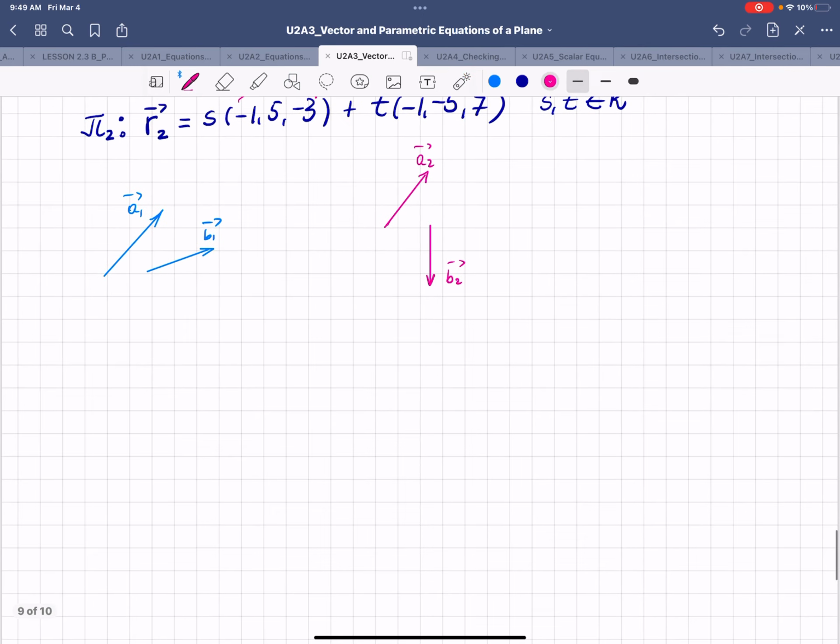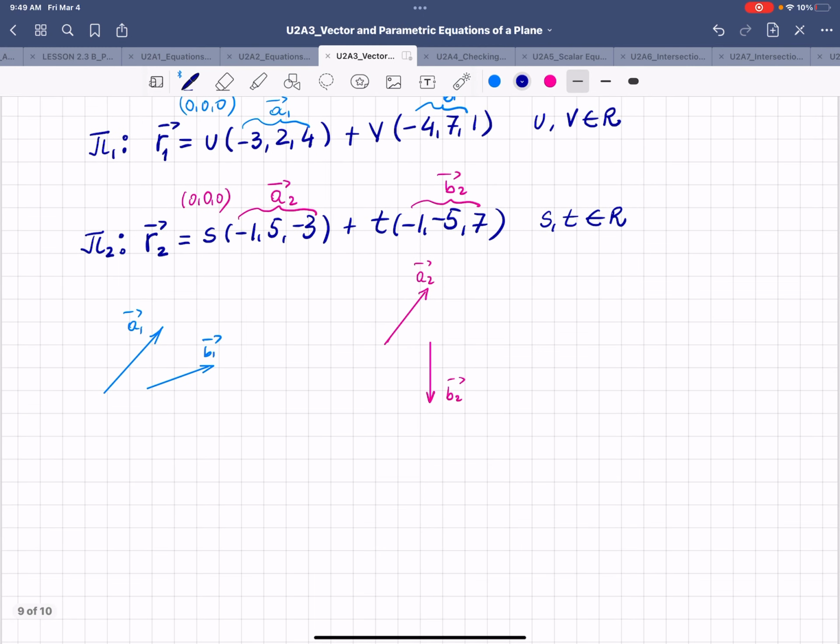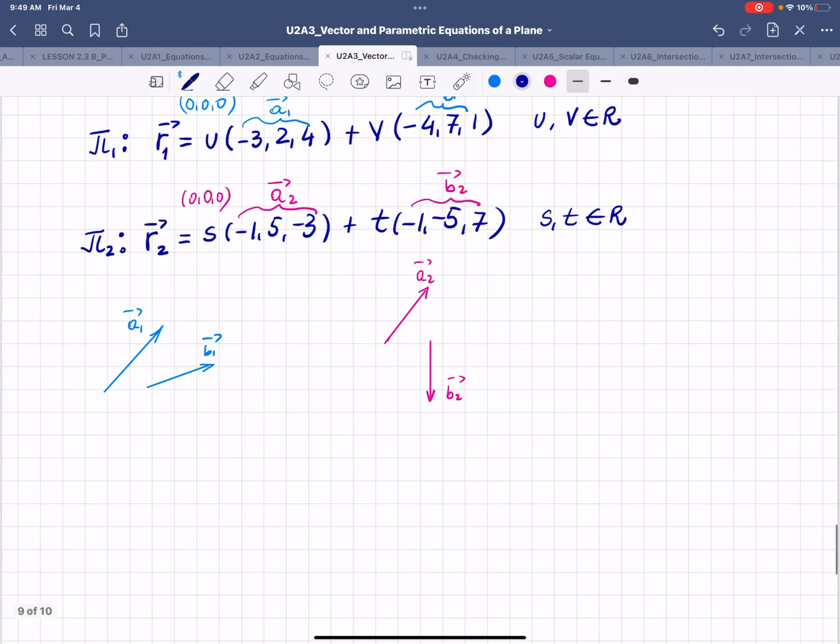Just for the fun of it, what you may want to do is try any other arrangements other than the one that I am trying here. So I'm going to write in here that if A1 is on pi2, then it must satisfy the equation of pi2.